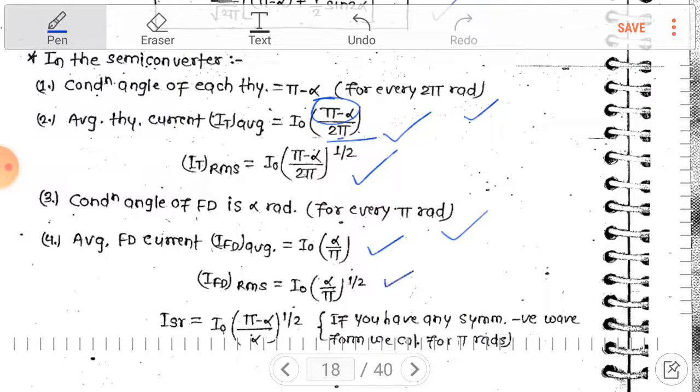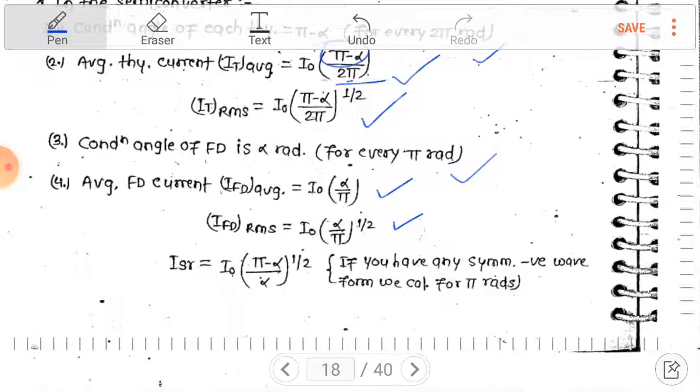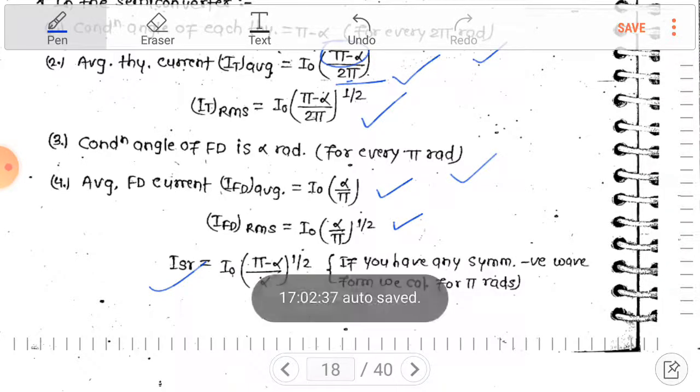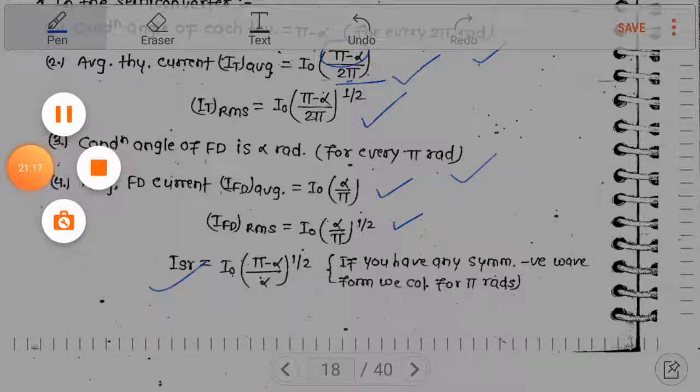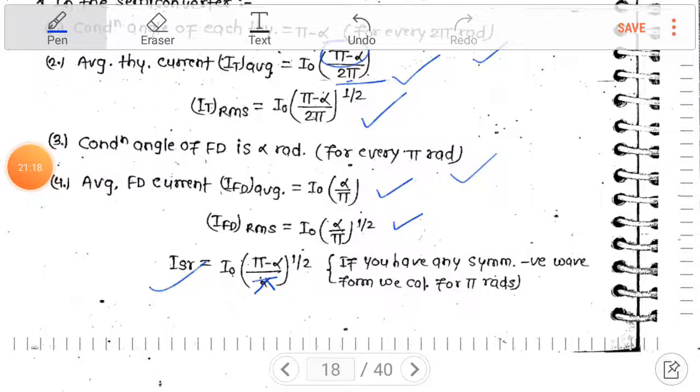Similarly we find the RMS value of the freewheeling diode. The source current RMS is I naught into pi minus alpha by pi, not alpha. It is I naught into pi minus alpha by pi, whole power 1 by 2.